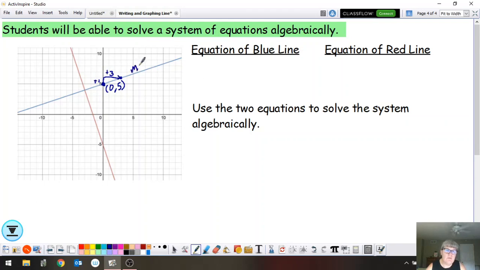So a slope of 1/3. So the equation of the blue line is y equals 1/3 x plus 5.